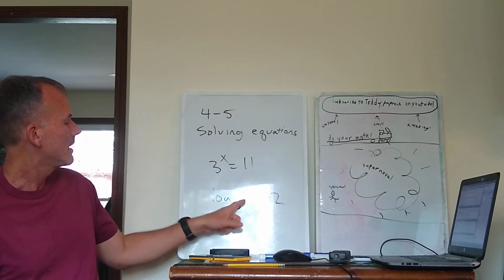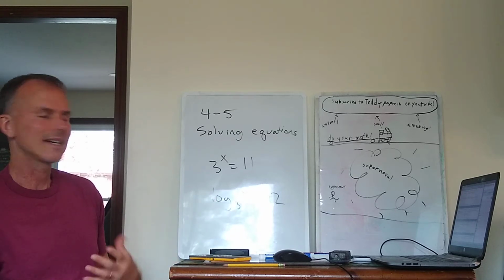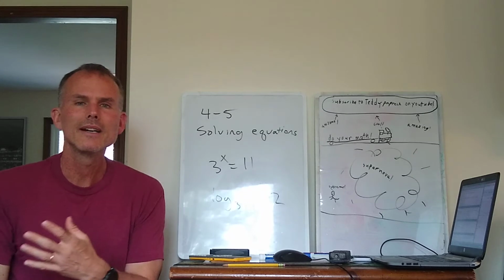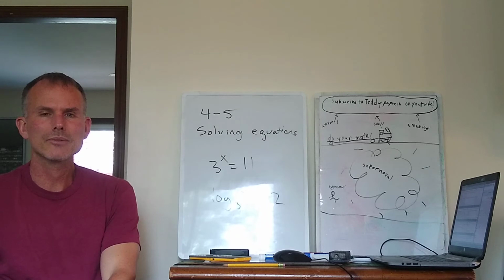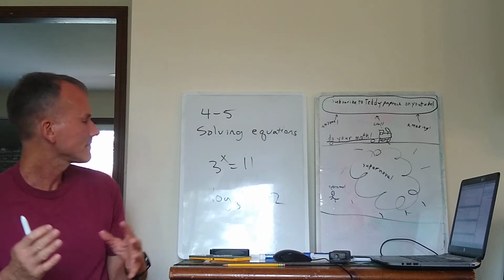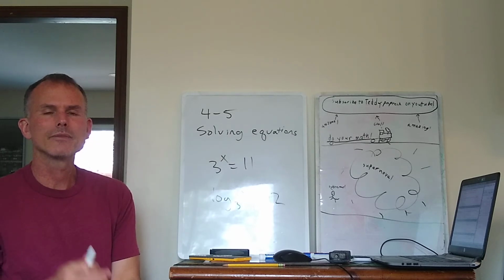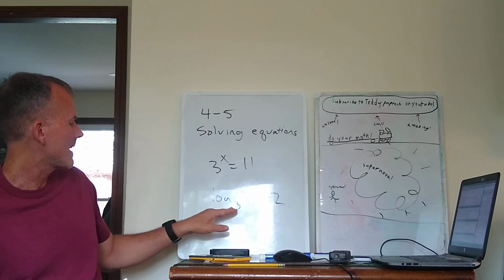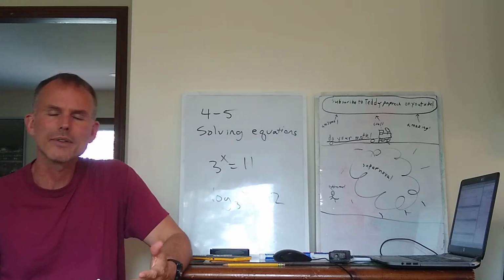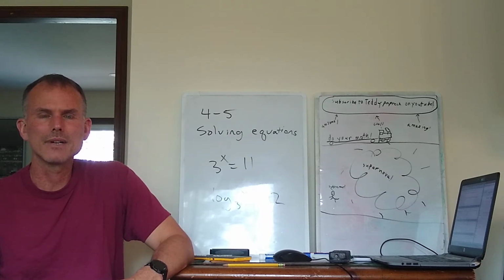And down here, x is having the log to base 3 taken of it, and to undo log base 3, we would use the inverse, which is exponentiation to base 3. So long story short, if you have a variable in the exponent somewhere, and maybe even in more than one exponent, as we'll see, you're going to end up using a logarithm to isolate the variable. And if you have a variable that's inside a logarithmic expression, then you're going to use exponentiation somehow to isolate the variable.